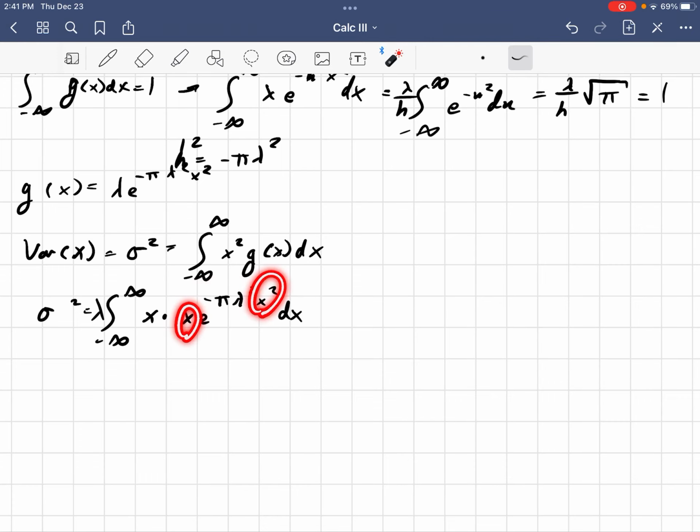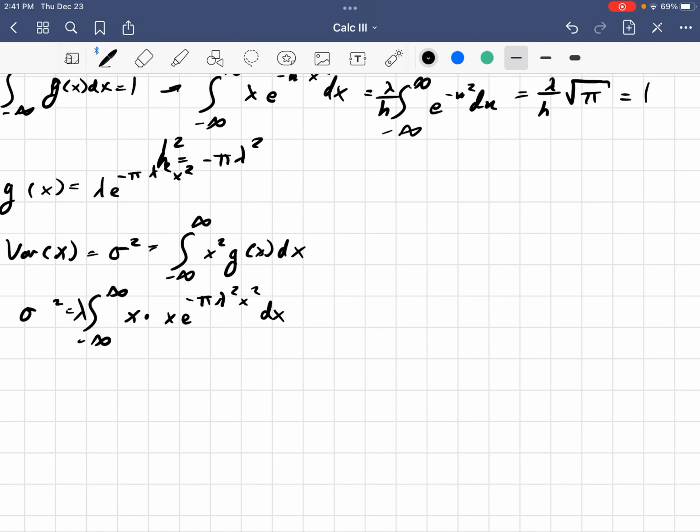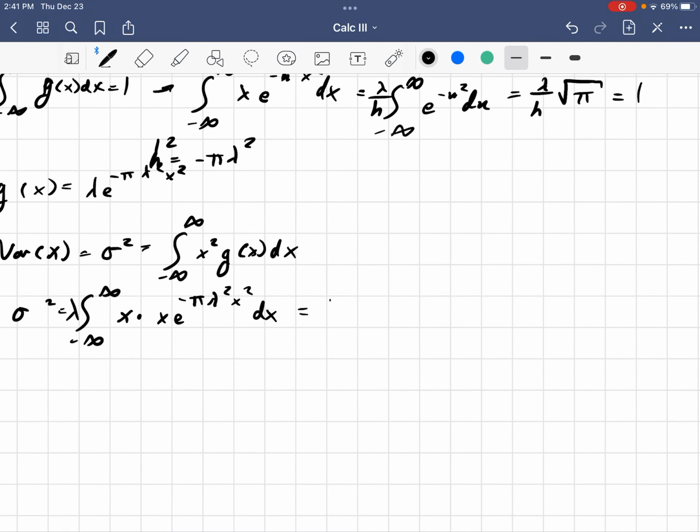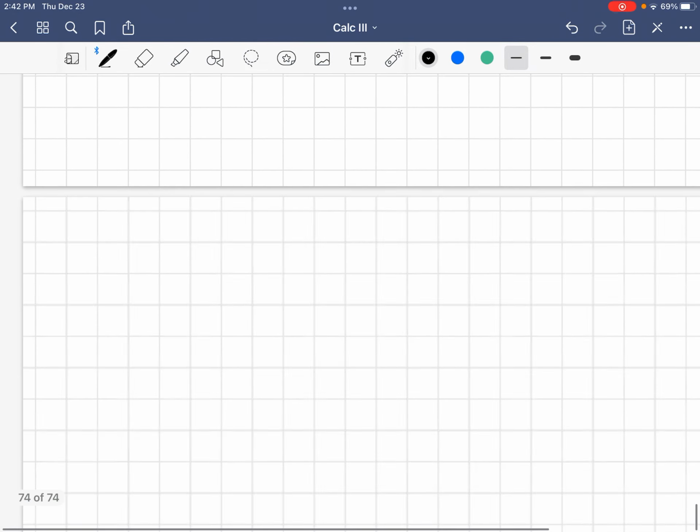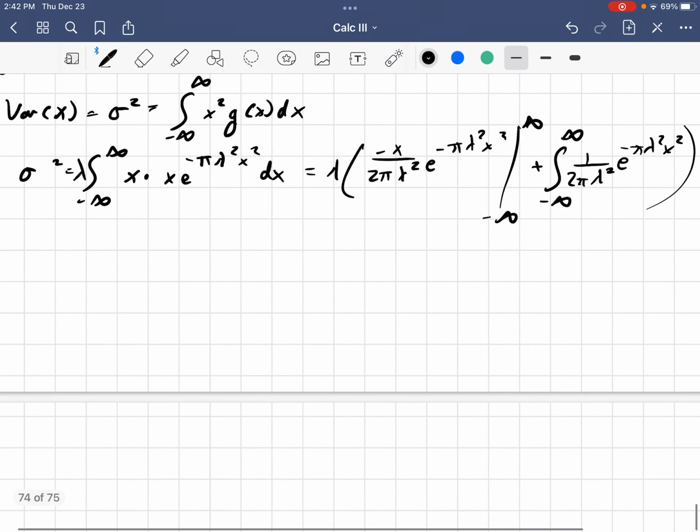I had an x squared here, so I needed an x in order to integrate this whole thing, and I'm going to differentiate the other x. So when I do integration by parts, I get lambda times negative x over 2 pi lambda squared e to the negative pi lambda squared x squared, evaluated from negative infinity to infinity, plus the integral from negative infinity to infinity of 1 over 2 pi lambda squared e to the negative pi lambda squared x squared. You can check my math on the integration by parts, but I don't believe I messed up anywhere.